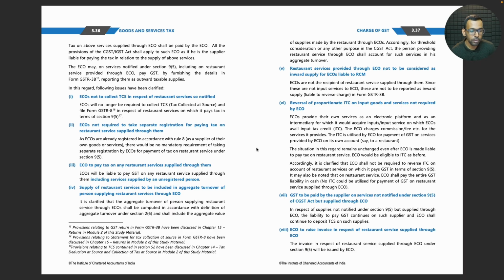ECOs not required to take separate registration for paying tax on restaurant service supplied through them. As ECOs are already registered in accordance with Rule 8 as a supplier of their own goods and services, there would be no mandatory requirement of taking separate registration by ECOs for payment of tax on restaurant service under Section 9(5). ECO to pay tax on any restaurant service supplied through them.